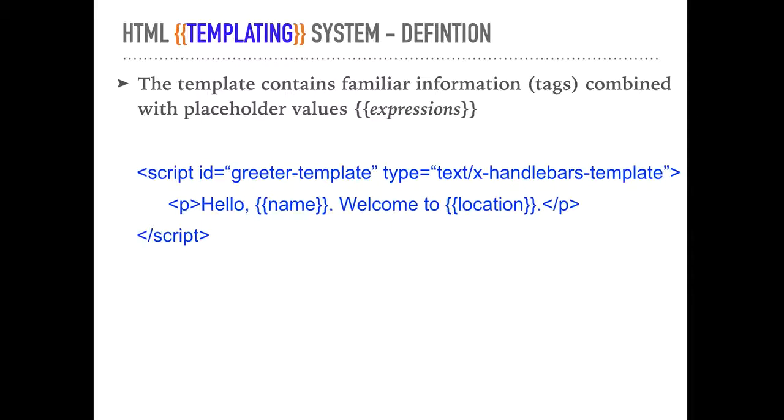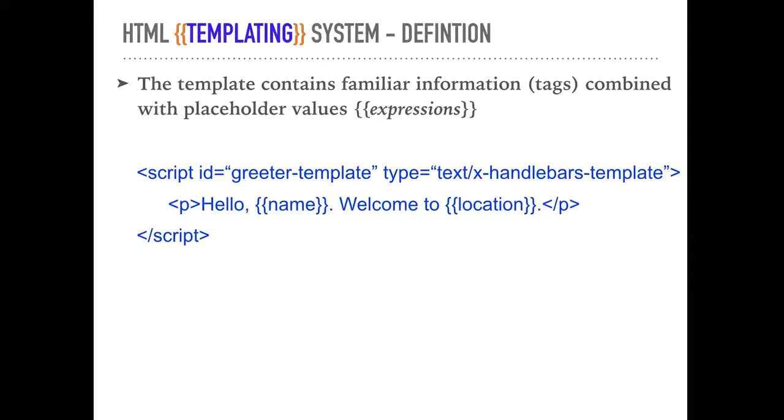So we can define our template with just a script tag, place that in the head section, and instead of our type being text/JavaScript, we change that to text/ and then we feed it the x-handlebars-template that the library is expecting.